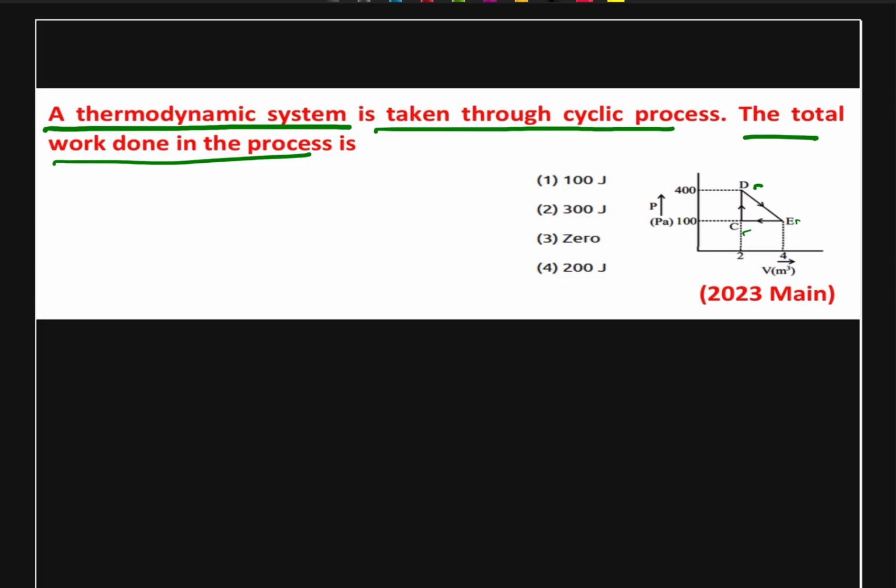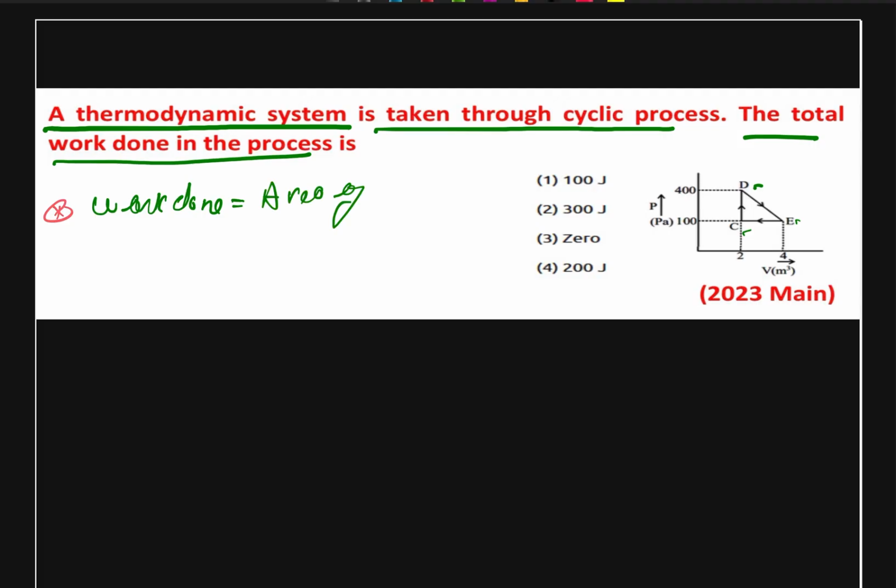We have to find out the work done, and the work done on the PV scale is nothing but the area of our loop. So work done will be equal to the area of the loop.